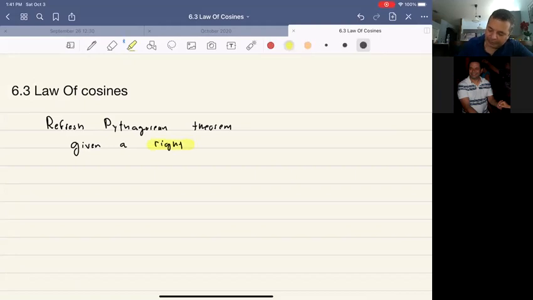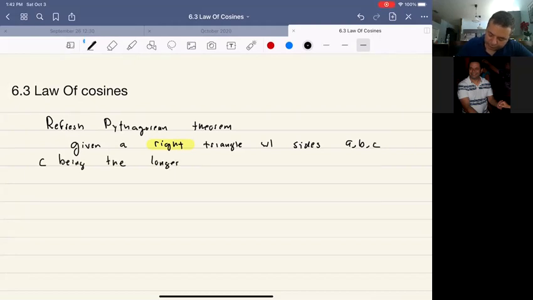and this is the part about it being a right triangle that a lot of students forget, with sides A, B, and C, C being the longest, then A squared plus B squared equals C squared.